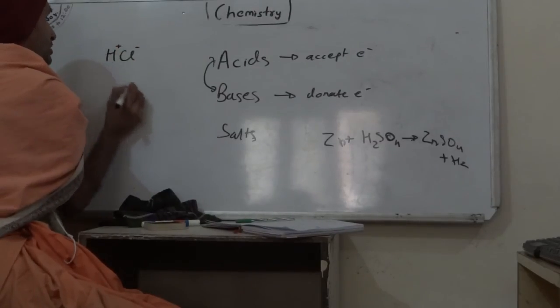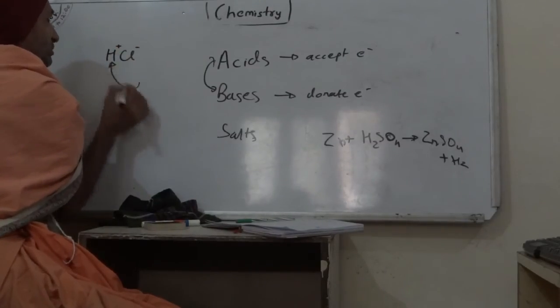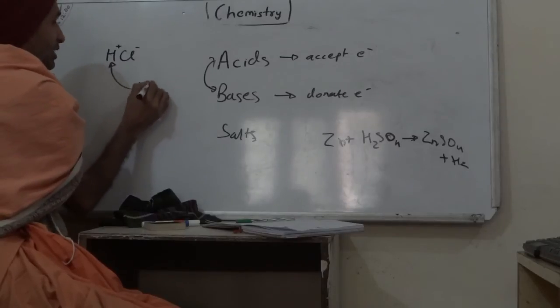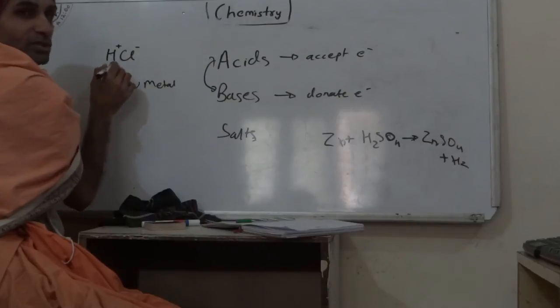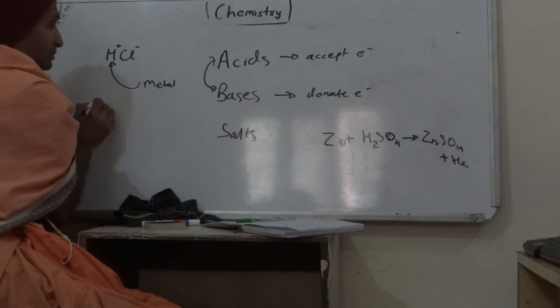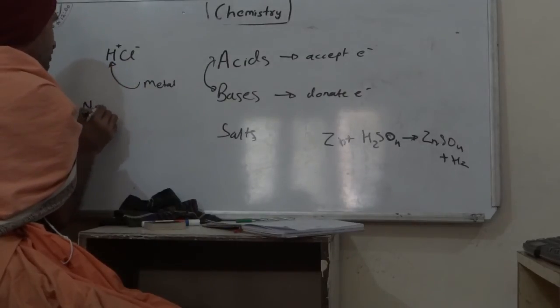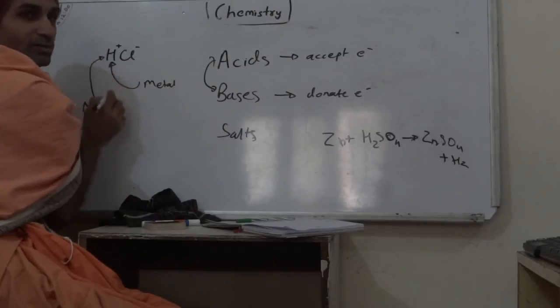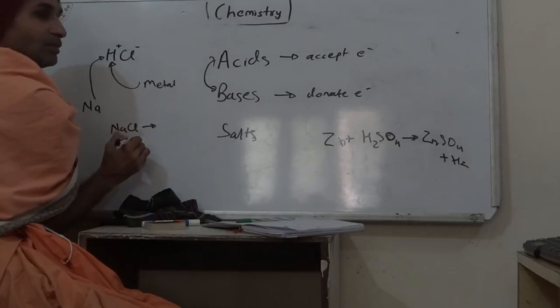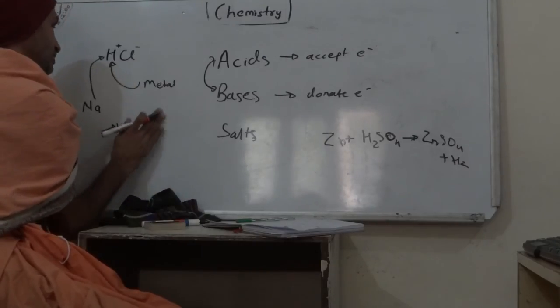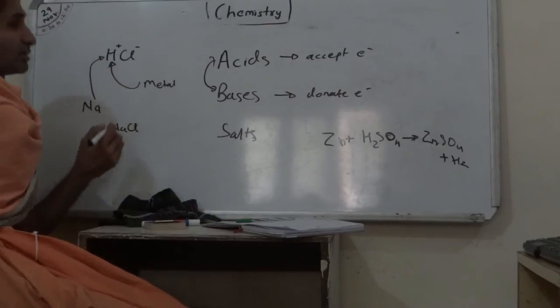So when H plus is replaced by some metal, then the resulting thing which is formed is called salt. Say sodium replaces hydrogen, then it becomes NaCl. Okay? So it is salt, this is common salt.